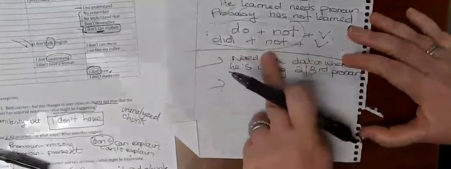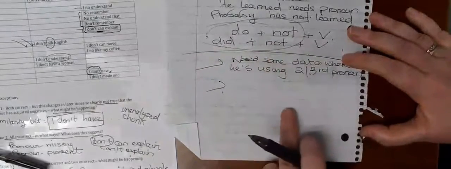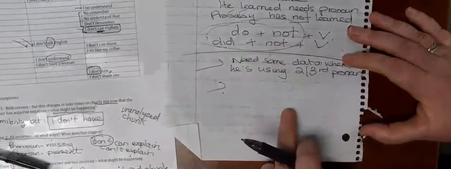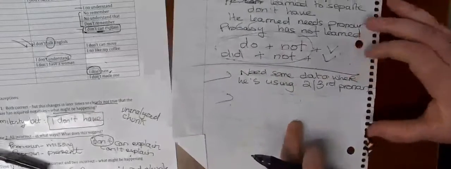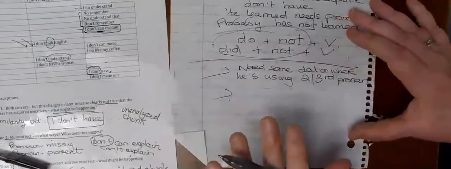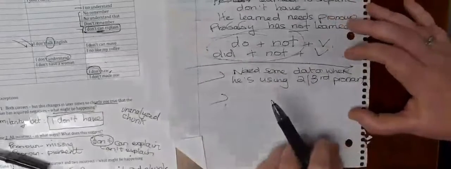He just thinks it's don't. Good. He really cannot split up this do and not, right? If he says doesn't, then it'll be very interesting, right? Because then clearly he's on his way, right? So you would want some of that data.